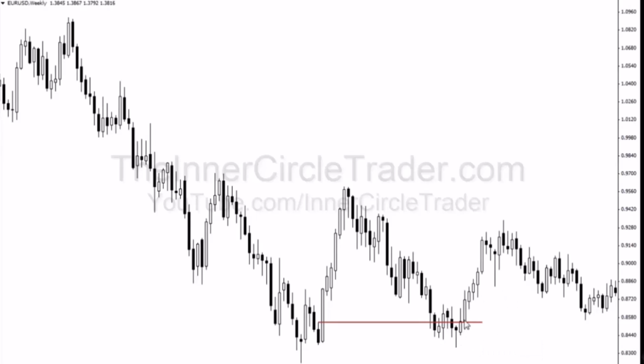Price, when it rallied out of here, created another order block. And again, I do not like the long wicked candles here. Even though this is a hammer, I would much rather have my order block associated with this, because this candle has more body, even though it does have wicks on it.